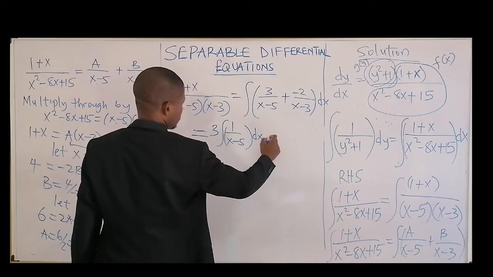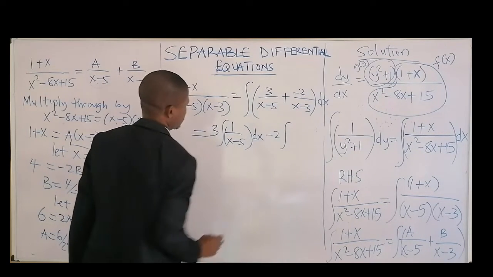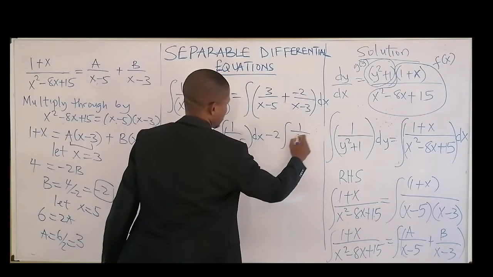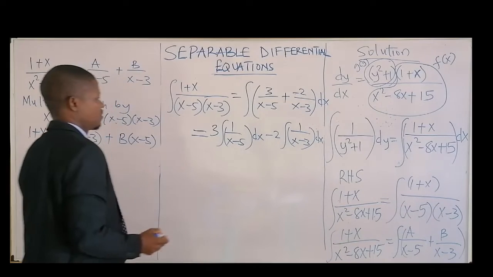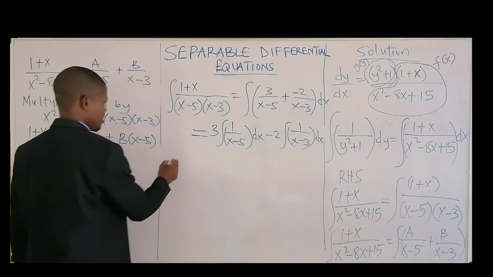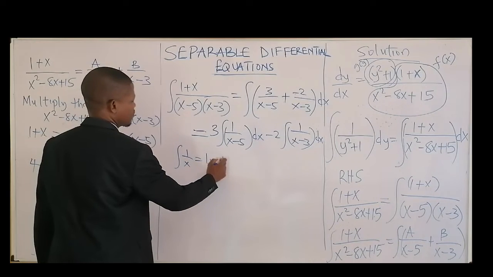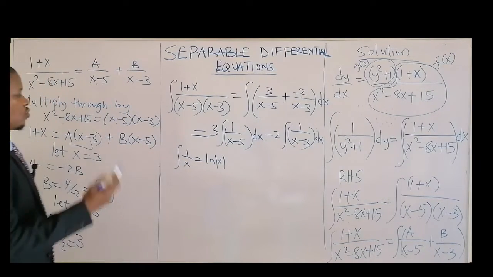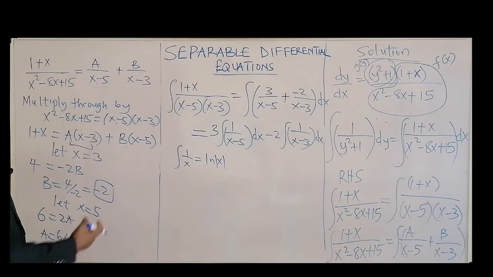Then this one, minus 2 can be taken outside, minus 2 times the integral of 1 over x minus 3 dx. Okay, then don't forget that the integral of 1 over x is what? ln x.